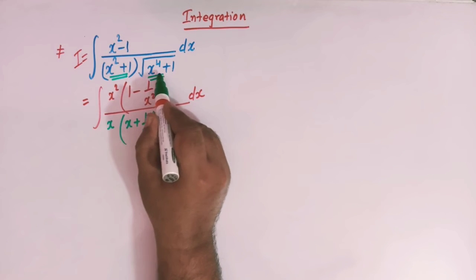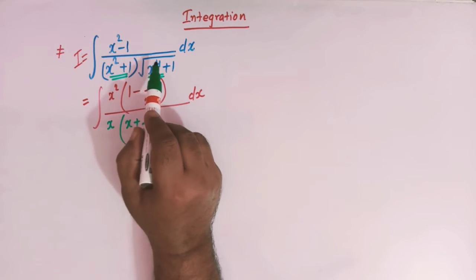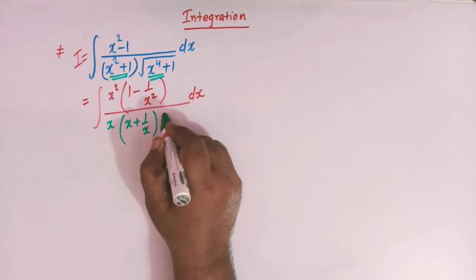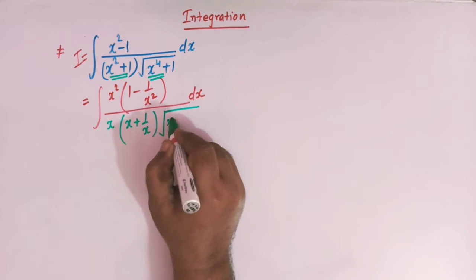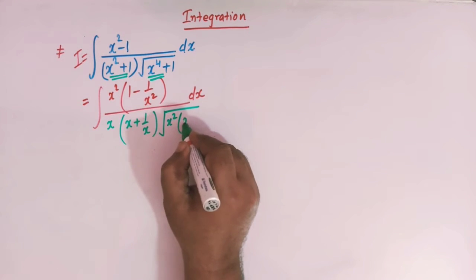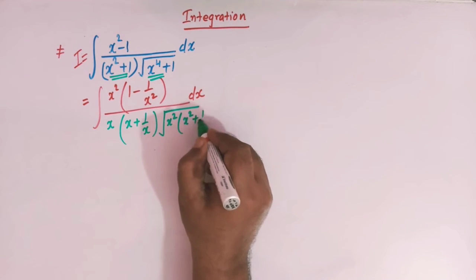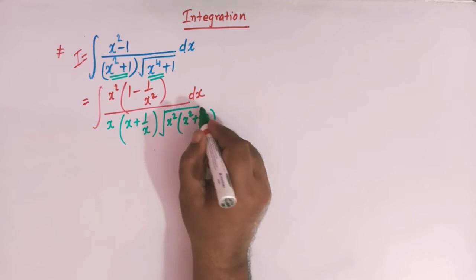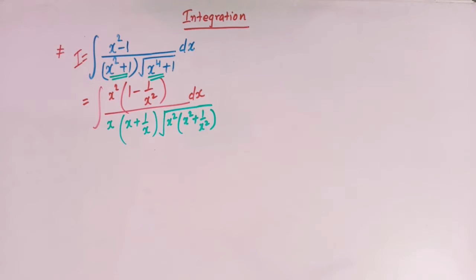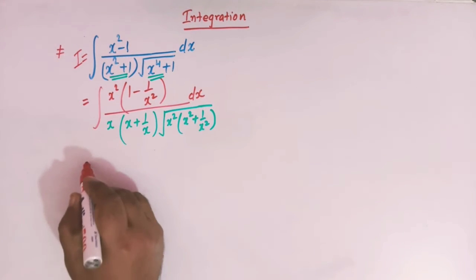And in this term we'll take x square common, so we'll have x square, then we'll have here the square root of x square plus 1 over x square, right? So now we can simplify this expression.